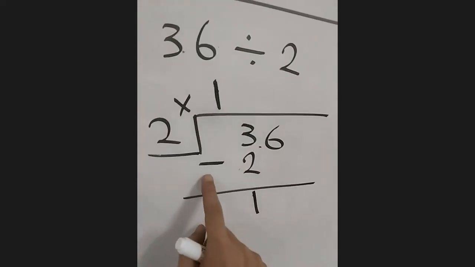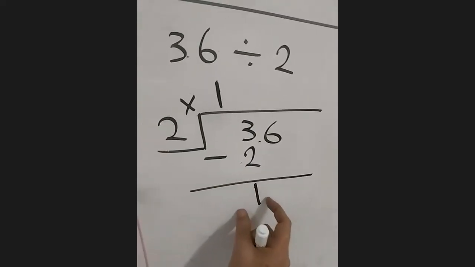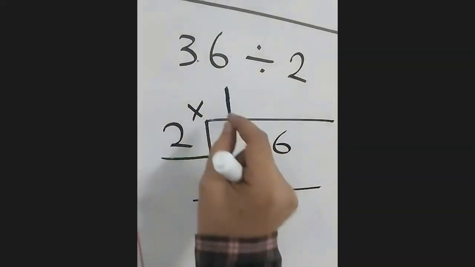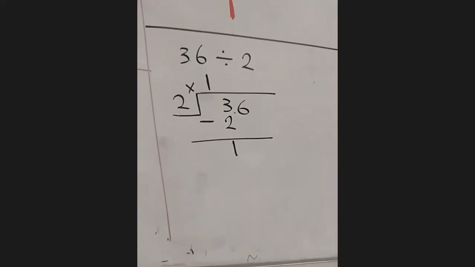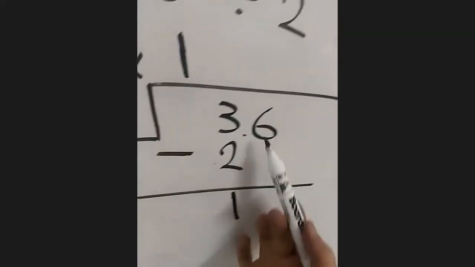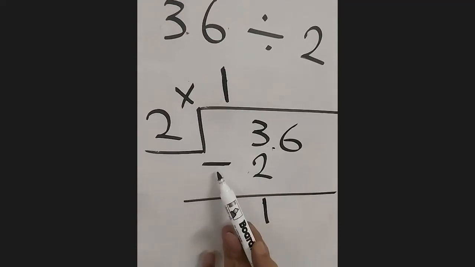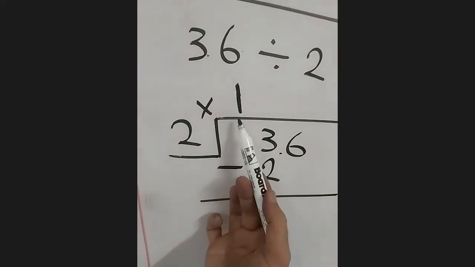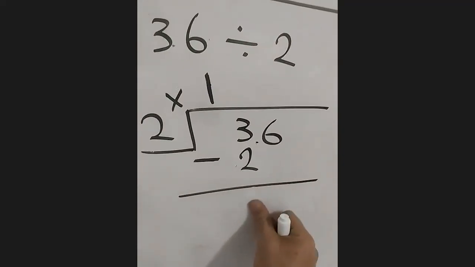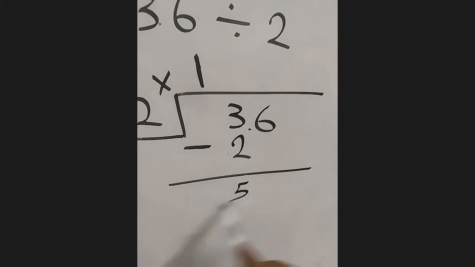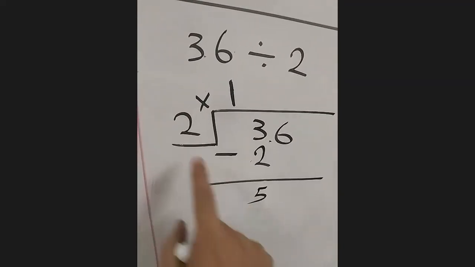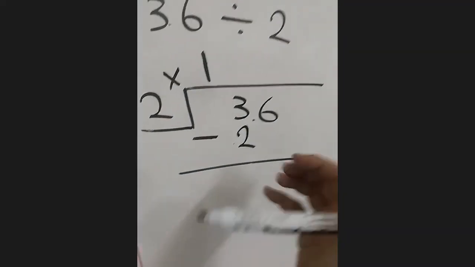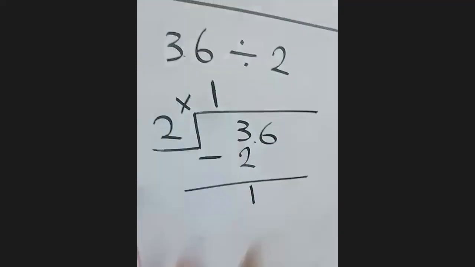After the subtraction step, if the answer is less than the divisor, then this number is correct, before I bring the 6 down. But assume that after the subtraction, the answer is 5. 5 is bigger than 2, so this is wrong. Got it? But here, 3 minus 2 is 1, and 1 is less than 2, so I'm good.